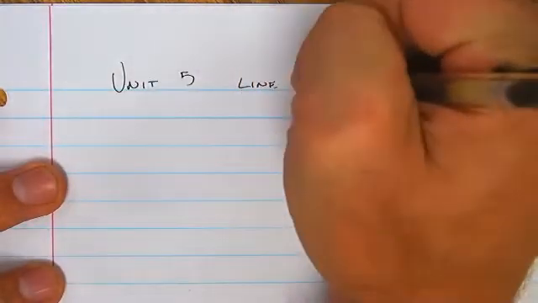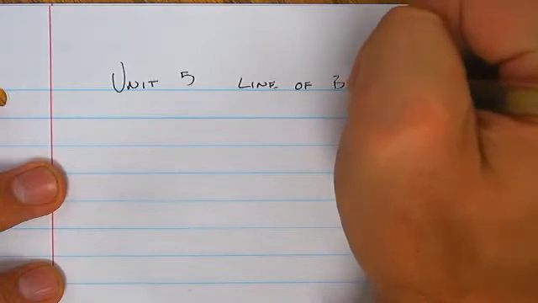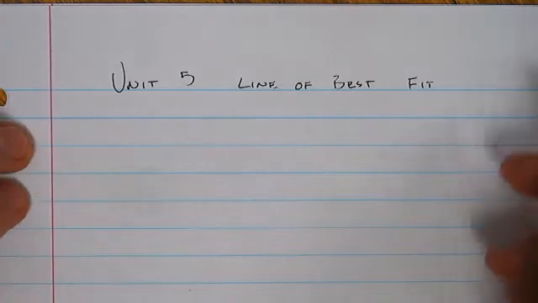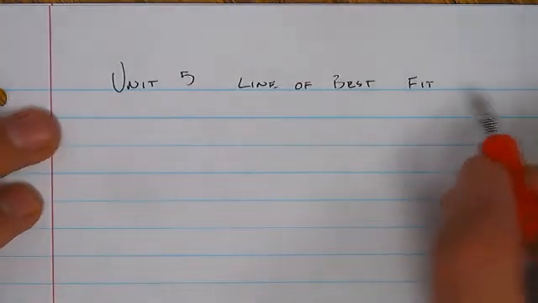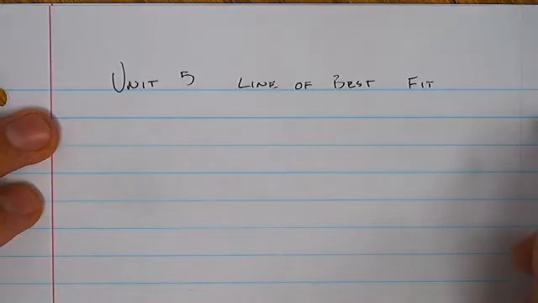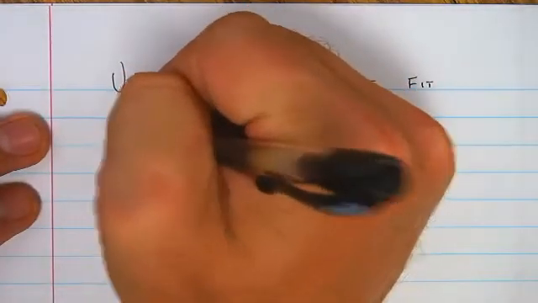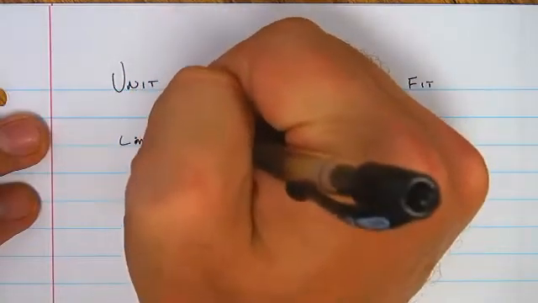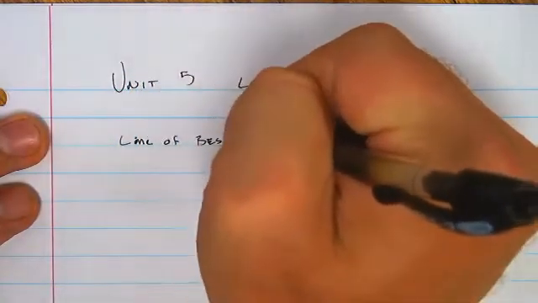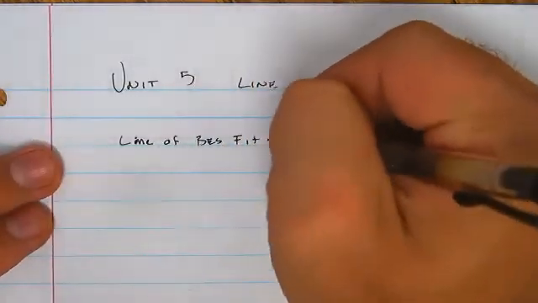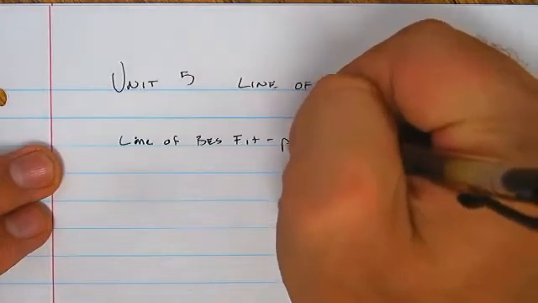And we're going to be talking about what's called a line of best fit. And it's almost exactly what it sounds like. Okay. So a line of best fit for us is very simply defined. Line of best fit. Okay. It is a prediction line.